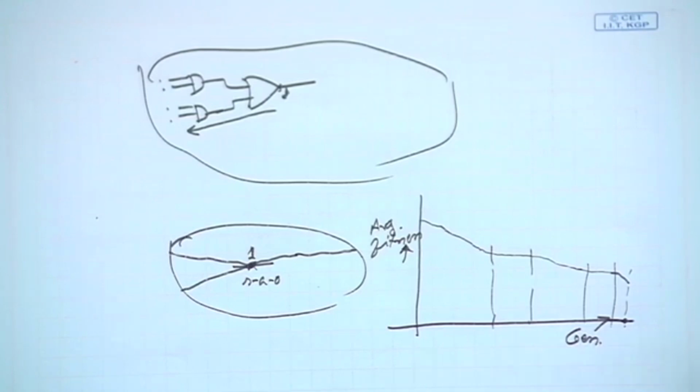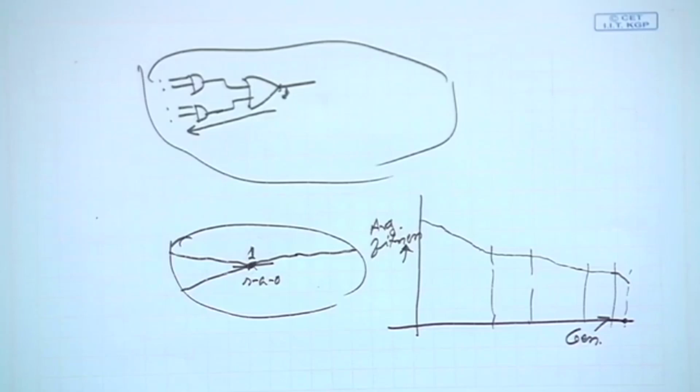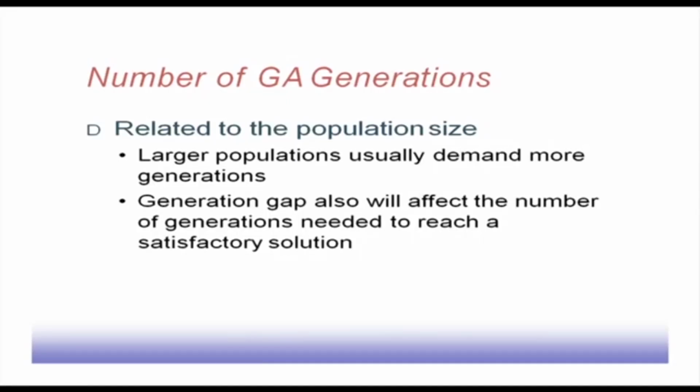So as a result, the larger the population size, the larger the number of generations required. Larger population will demand more generations, and the generation gap will affect the number of generations needed to reach a satisfactory solution, because it depends on how many chromosomes you are directly copying from one generation to the next.